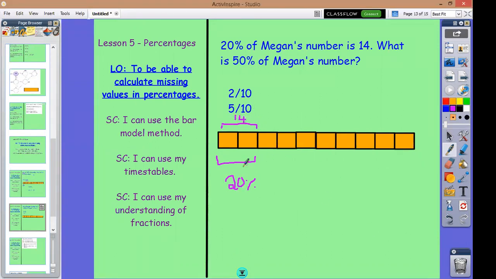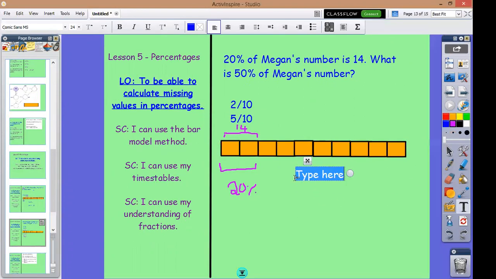Now, as I can see that 14 is represented by 2 boxes. So how would I work out what 1 box is for 14? It's really simple. You do 14 divided by 2. I do 2 because it's 2 boxes, okay?